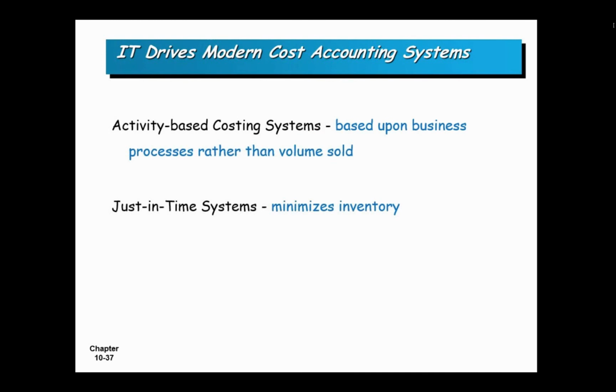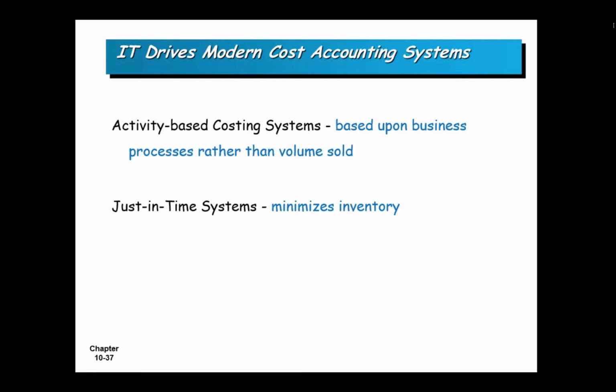There are a couple of places in the modern factory setting that only really can be done because of IT. The first is activity-based costing. Remember ABC, activity-based costing? That really relies upon a very detailed understanding of costs at every step along the process. You need to have strong IT systems in order to monitor those costs.